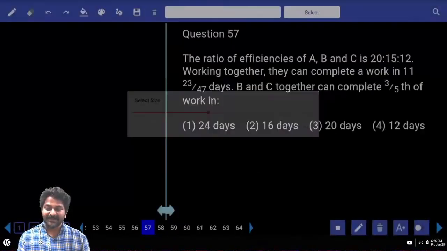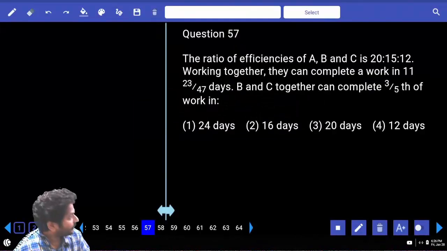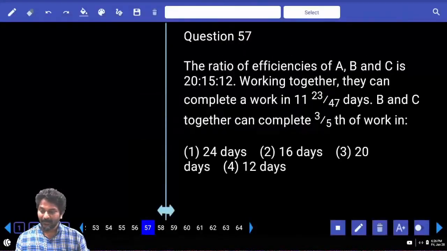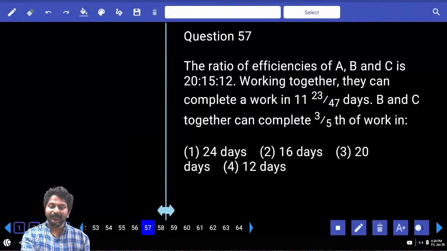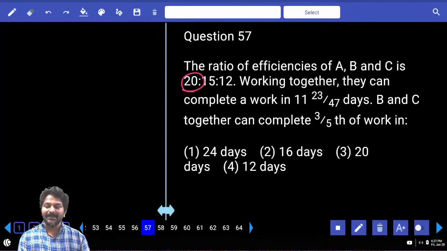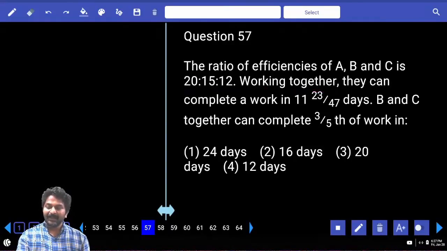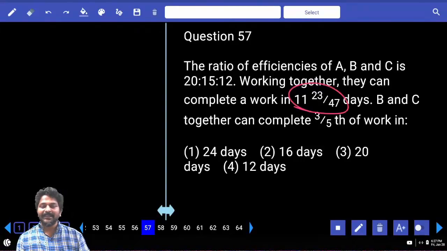The ratio of efficiencies of A, B, C is 20, 15, 12. Right. So from this, what is A's efficiency? 20 parts. B, 15 parts. C, 12 parts. Working together, they will do 47 units, or 47 parts. They can complete the work in 11 23 by 47 days.